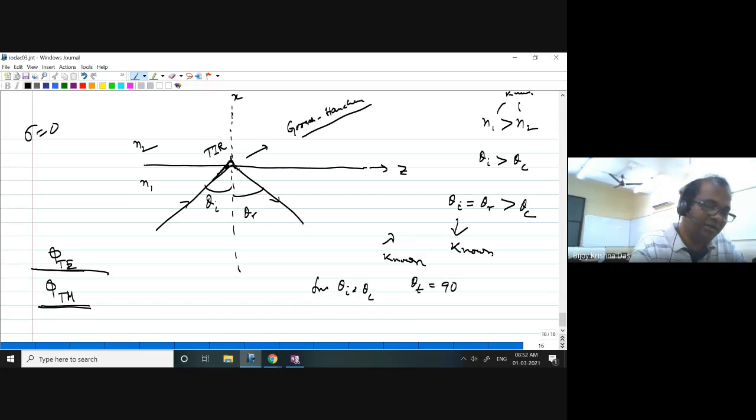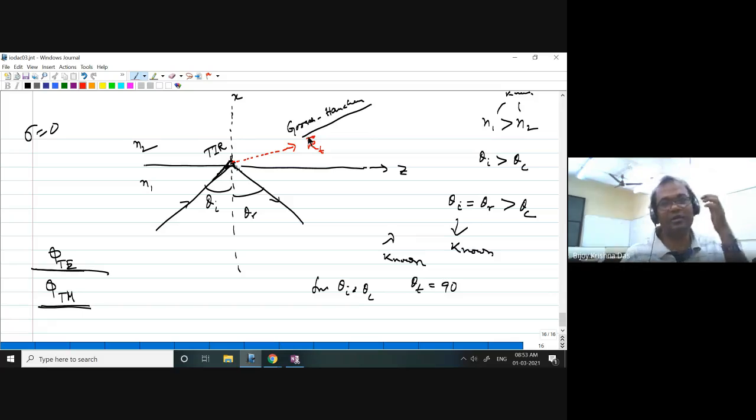But you see that there is a possibility, because the phase is there from the Maxwell-Fresnel equations, we are forced to think that some electromagnetic wave is there in the second medium. So I can just imagine, forcefully, that some field is there, and its propagation vector is this kt.